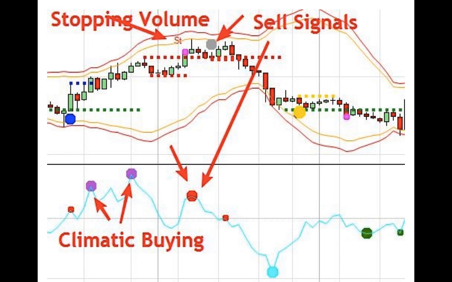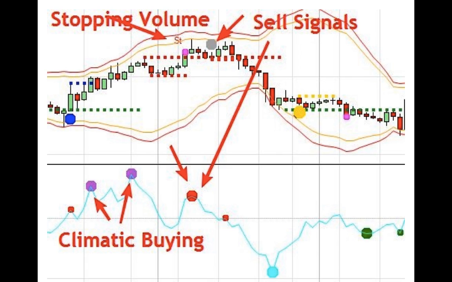Sometimes they do, but a lot of times they don't. And also, it can just be profit taking. Okay, so it's not always indicating that the markets are going to reverse, and that's why we wait for a stopping volume signal or some sort of absorption volume or no demand or no supply bar.